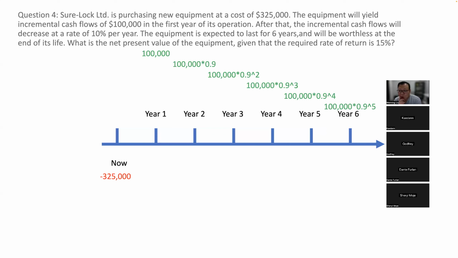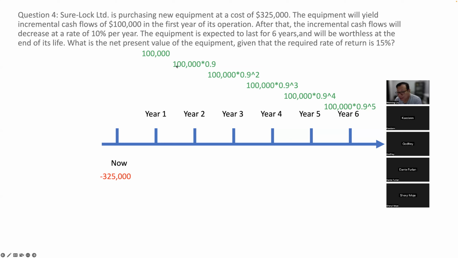When you talk about the ordinary annuity, the condition would be that the cash flow payment amount is always the same, right? But in this model, the payment amount is decreasing at a constant rate, 10%. So for example, the first year is 100,000, and the second year it decreased by 10%.